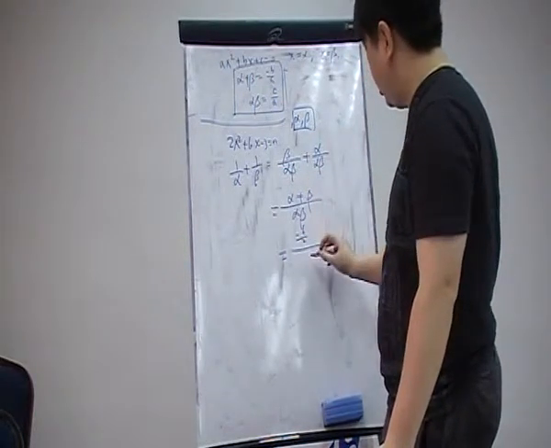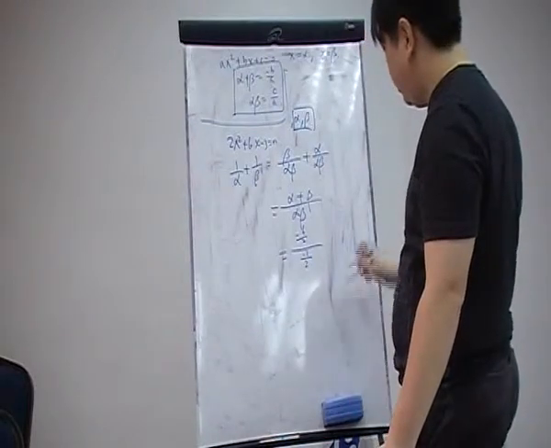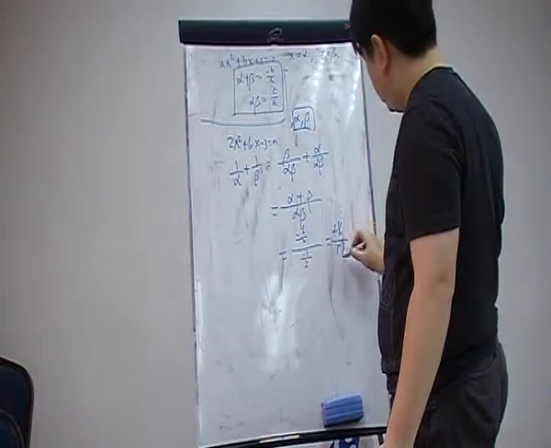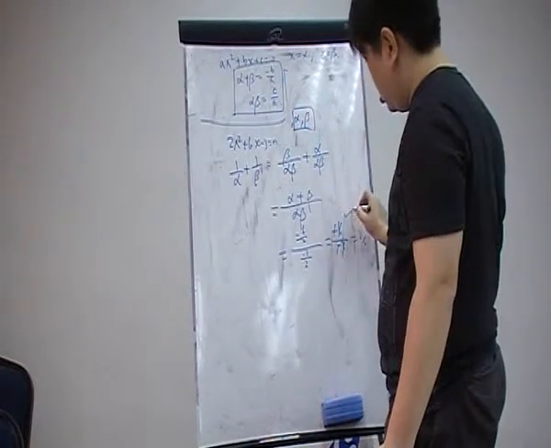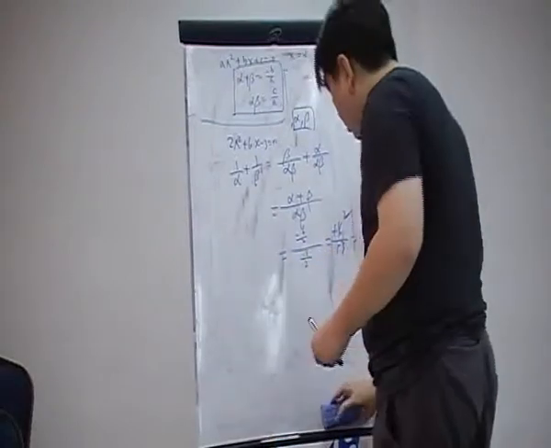Product of roots is c over a. So therefore... Part B.